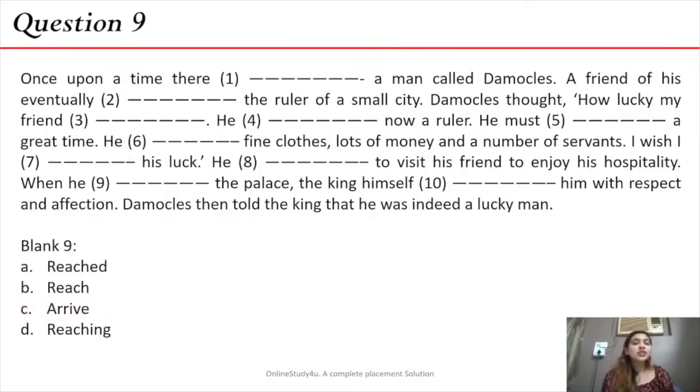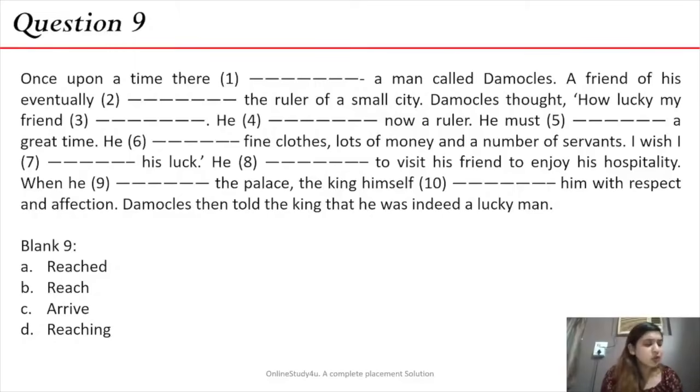When he reached the palace, the king himself received him with respect and affection. Okay, let alone the blank 10 right now because we do not have the answer options available. So let's only look at blank 9. When he reached the palace, the king himself. So when he reached the palace, when he arrived the palace, when he reaching the palace. This is going to be pretty easy.